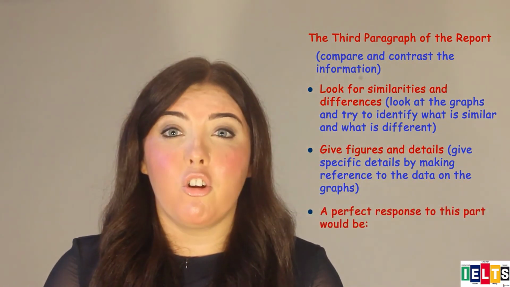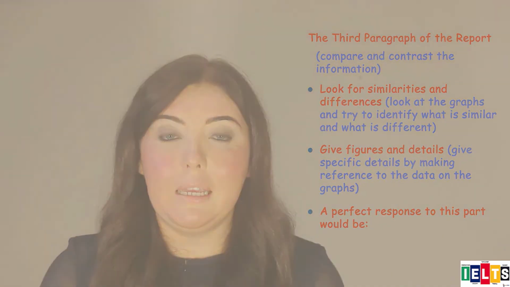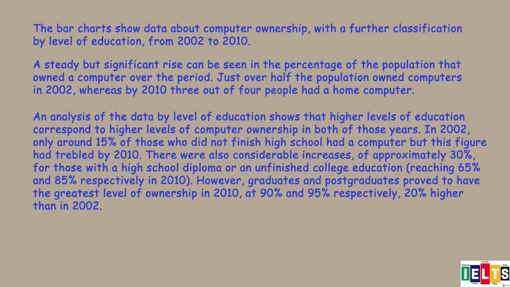A perfect response to this part would be: an analysis of the data by level of education shows that higher levels of education correspond to higher levels of computer ownership in both of those years. In 2002, only around 15% of those who did not finish high school had a computer, but this figure had trebled by 2010.